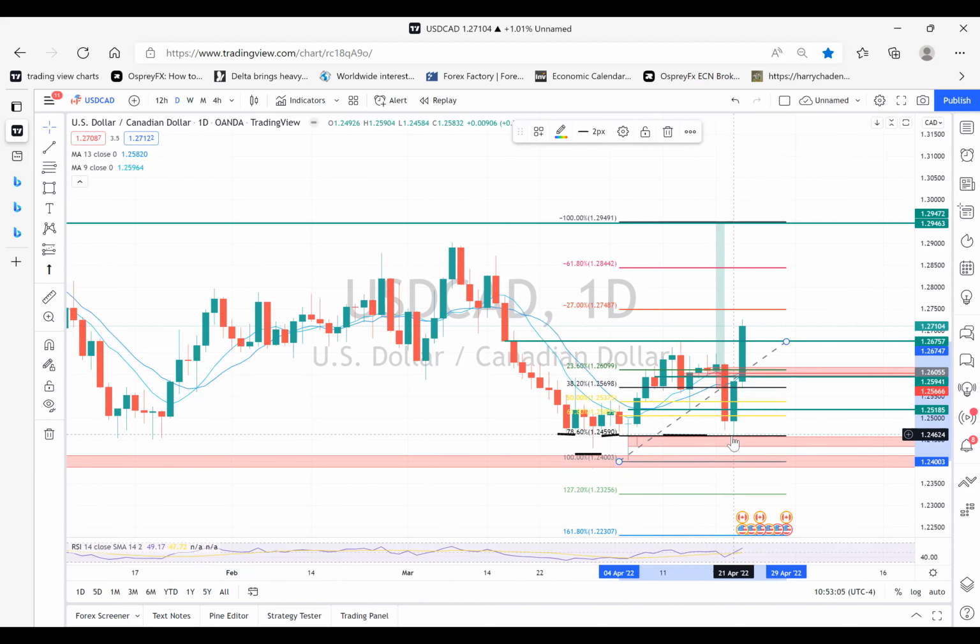And I took this up to about 19, I believe. So yeah, I got about 19 pips away from the top of this trade Friday.